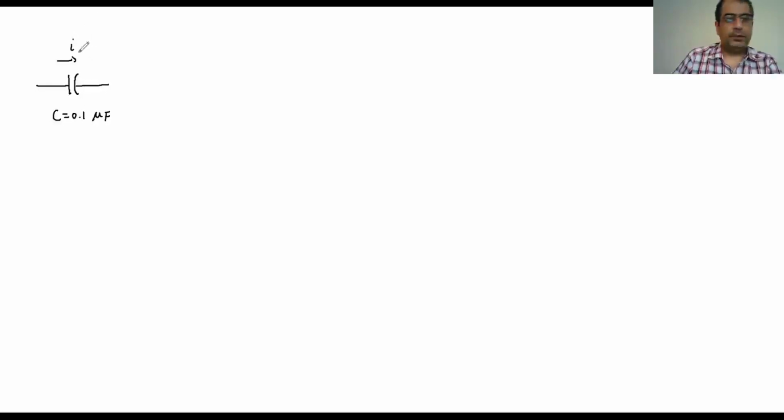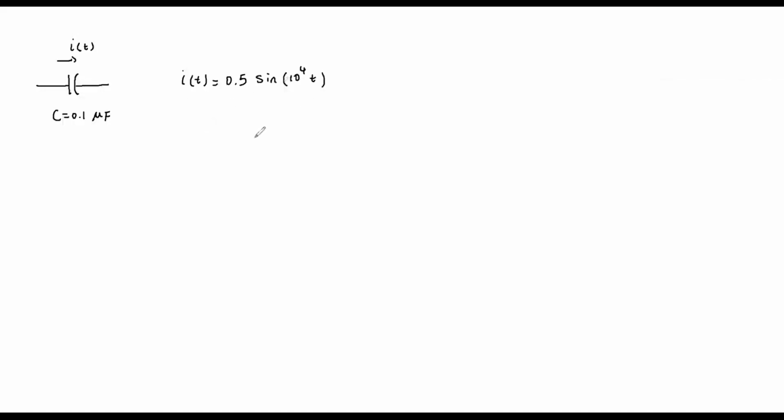And then the I going through that is going to be a function of time. If I know the I, the I is equal to 0.5 sine 10 to the 4 t. So assume that I have a capacitor, I go through that, and the I is a function of time. And then we want to see how much the charge and the voltage are going to be in this capacitor.